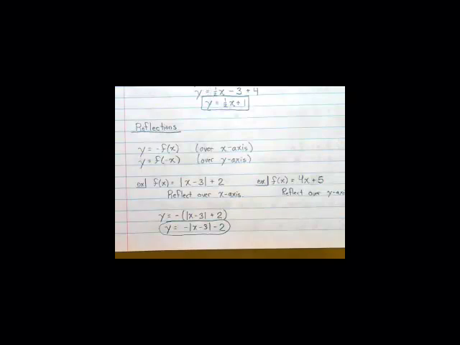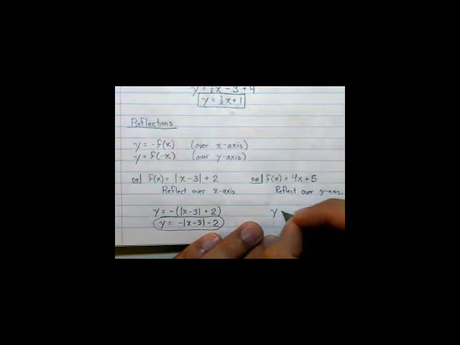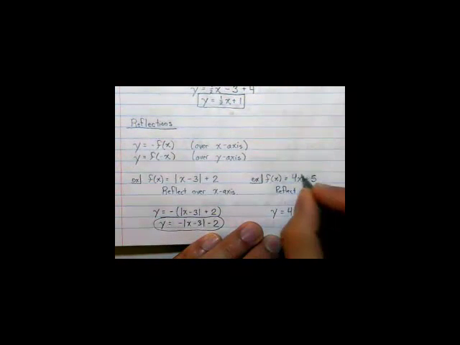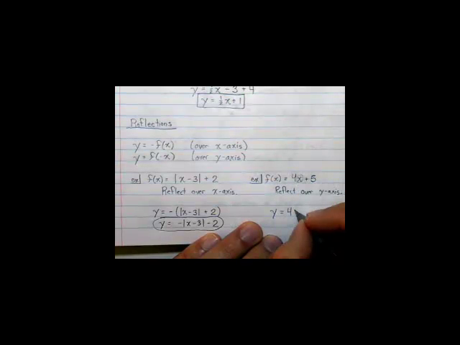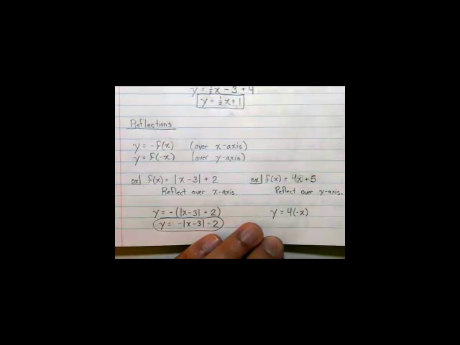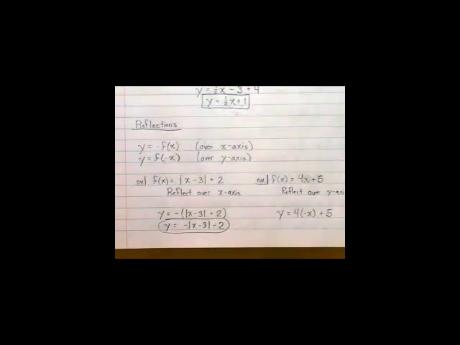Okay, so I'm not putting a negative in front of the whole equation like I did with over the x-axis. It's only the x. So think about substitution again. I'm going to take every x that I see in that equation, and I'm going to substitute a negative x in place of it. So it's going to look something like this then. y equals 4, and then instead of just x, it's going to be negative x, plus 5.